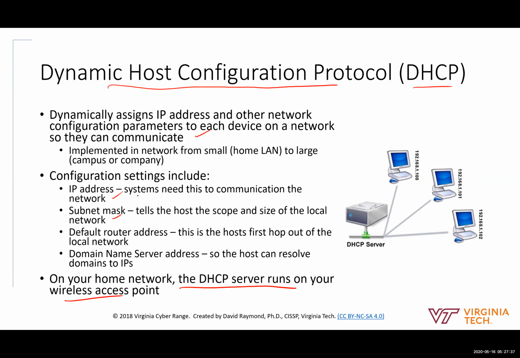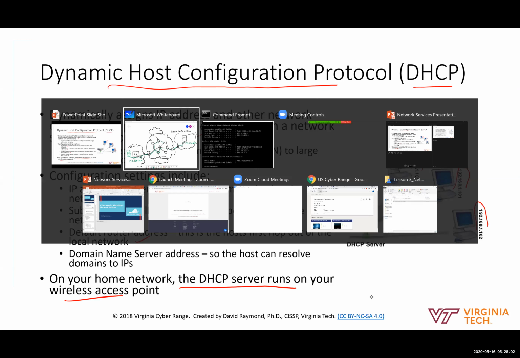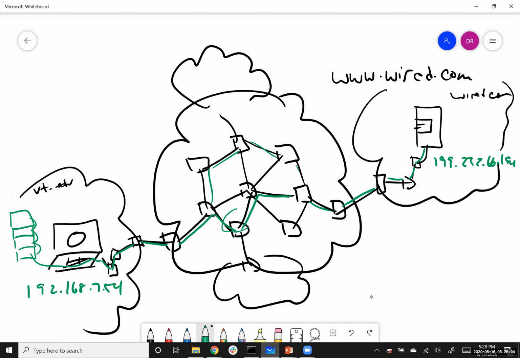So if you look at this example, here we have multiple computers, and they all have this same prefix, right? 192.168.something, and so the subnet mask helps identify the scope and the size of the network that I'm on. The default router address is very important. So on this picture that we just looked at, my computer had to be able to send traffic out a router to get it out onto the internet.